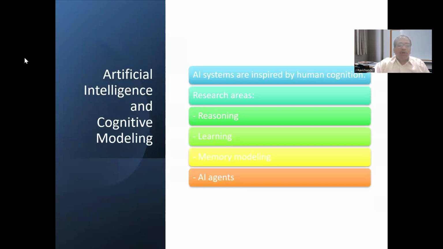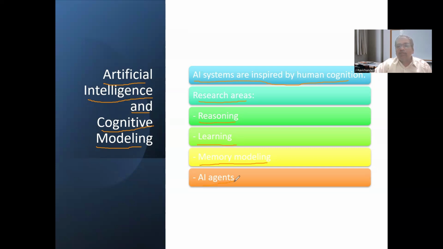Now, coming to artificial intelligence and cognitive modeling. Artificial intelligence plays a vital role in cognitive modeling also. AI systems are inspired by human cognition. Research areas will be reasoning, learning, memory modeling, and AI agents.